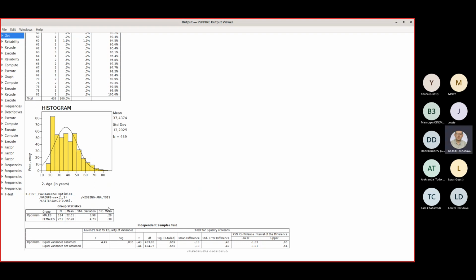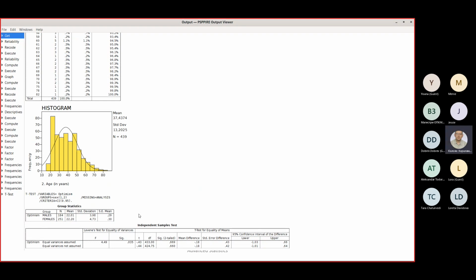And here, these two columns, Levene's test for equality of variances, are this test of equality of group variances.